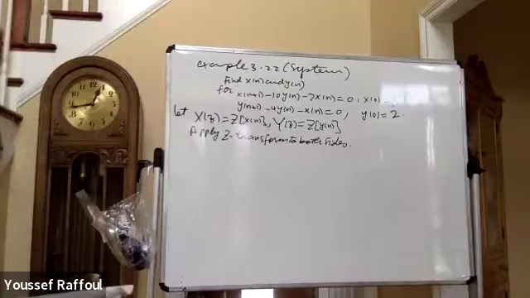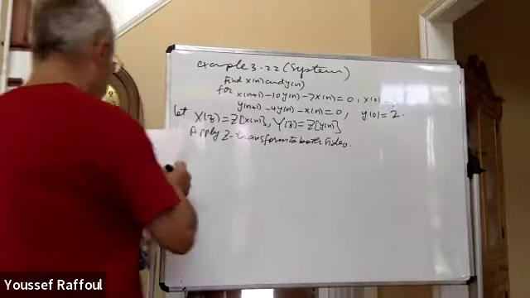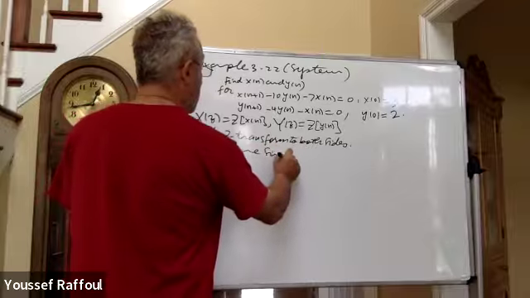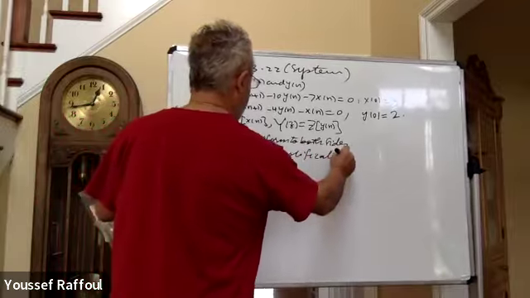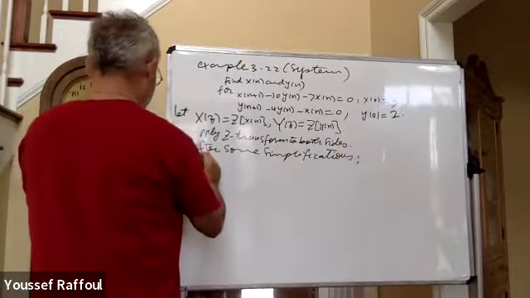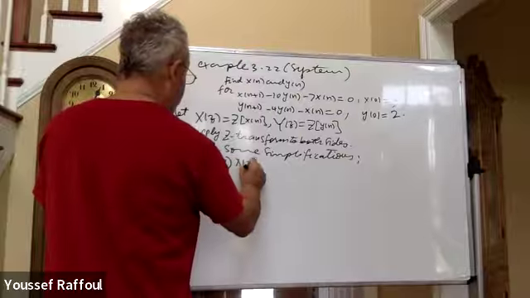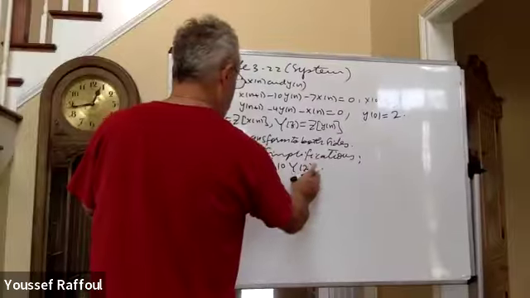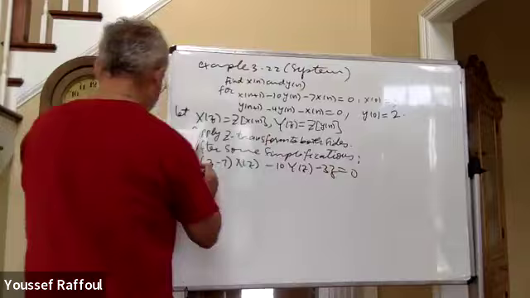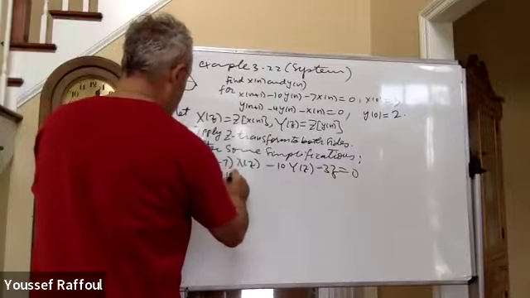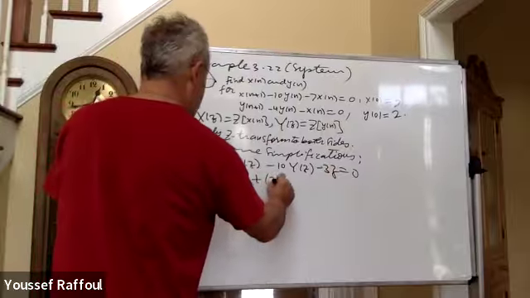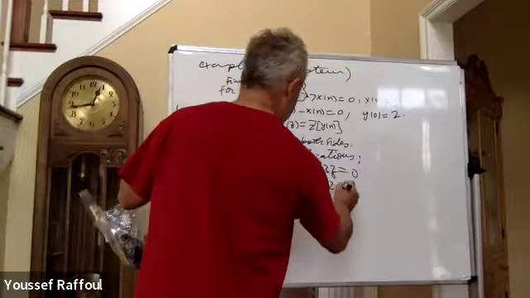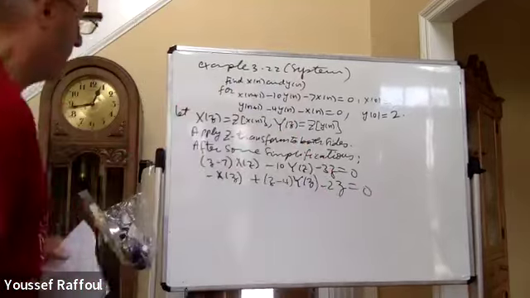After some simplification, we get (z minus 7) Xz minus 10 Yz minus 3z equals 0, and minus Xz plus (z minus 4) Yz minus 2z equals 0. Okay.